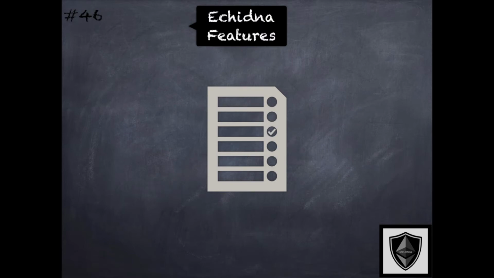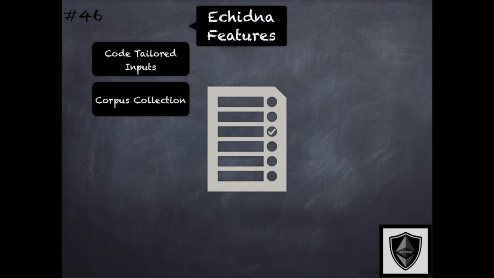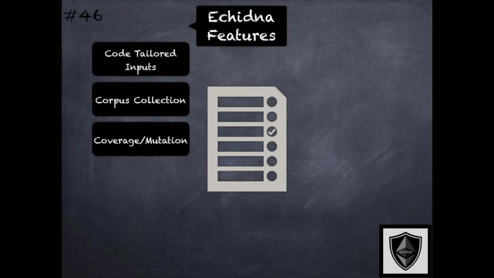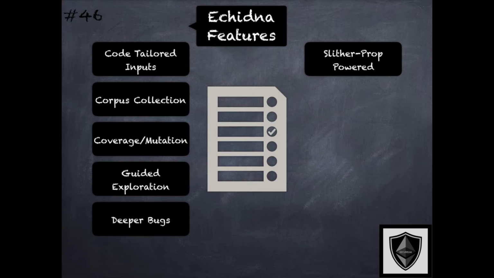Echidna has many notable features, such as it generates inputs tailored to the actual code, has an optional corpus collection of predefined campaigns. It supports mutations and coverage guidance for deeper bugs. It can be powered by the slitherprop tool to extract useful information before the fuzzing campaign.